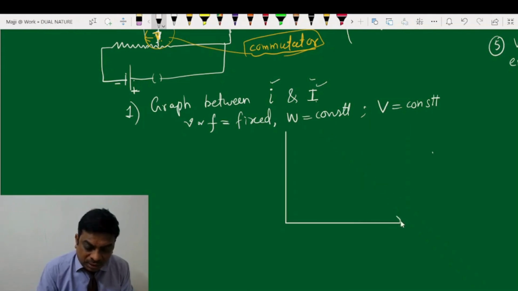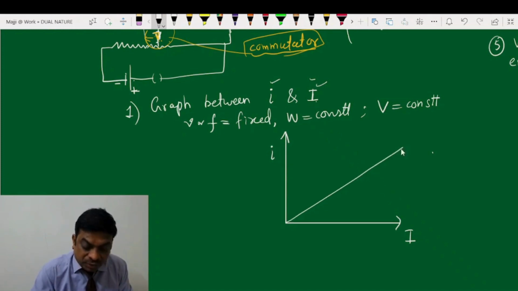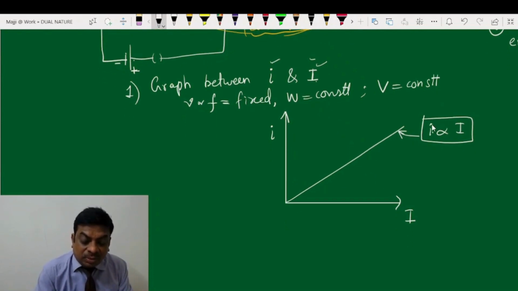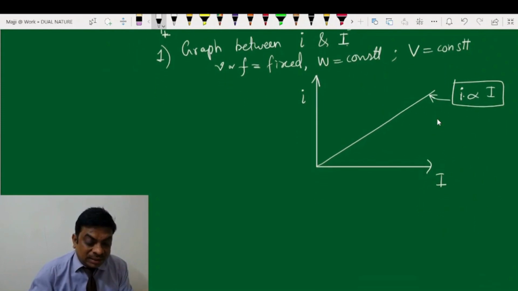Intensity is something which we can control, and photoelectric current accordingly we have to show. So this will be a directly proportional graph, because increasing the number of photons per second, the number of photoelectrons ejected per second will also increase in direct proportion. Therefore, current is proportional to intensity. I hope that is clear.